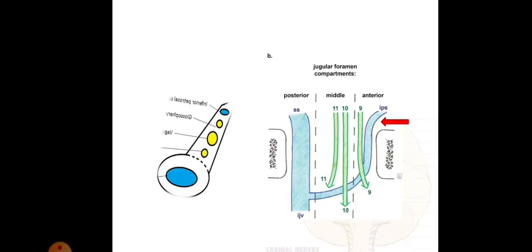Here is the inferior petrosal sinus. It passes through the jugular foramen, and within the foramen it joins the internal jugular vein. The ninth nerve, the glossopharyngeal nerve, occupies the anterior compartment of the jugular foramen. The 10th and 11th nerves occupy the middle compartment of the jugular foramen.